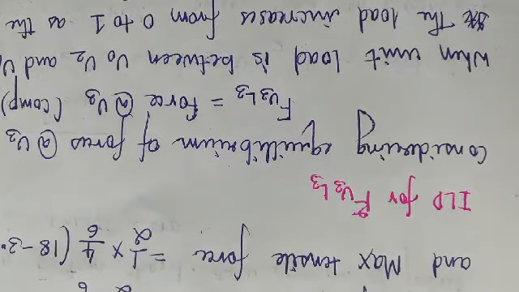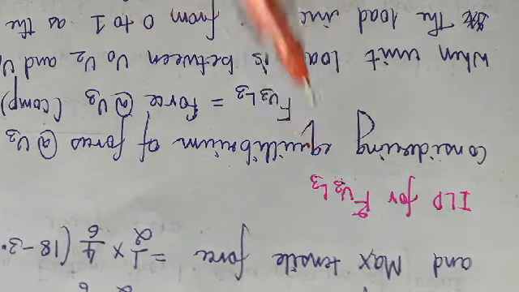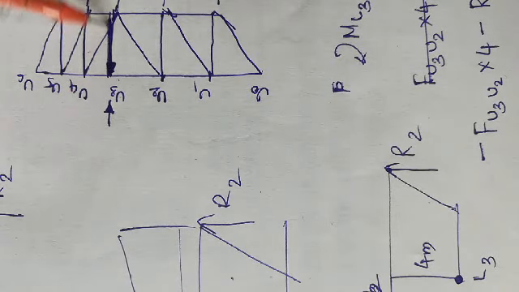Now next we will calculate the influence line diagram for U3 L3. Now, U3 L3 is what kind of a member? It is a vertical member.